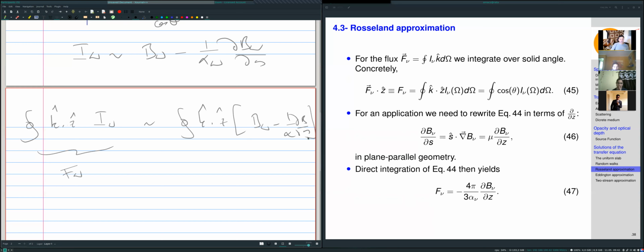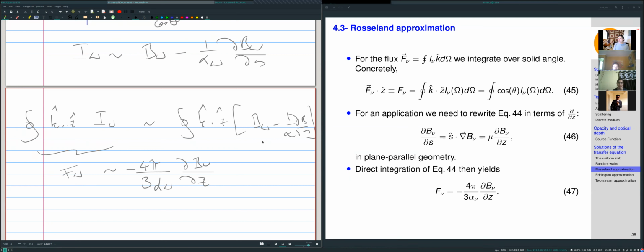And we looked at these terms on the right hand side last Thursday. We saw that the first term is going to be 0, and that the second term is minus 4 pi divided by 3 alpha nu dB nu over dz. This is the development of this equation I did last time.